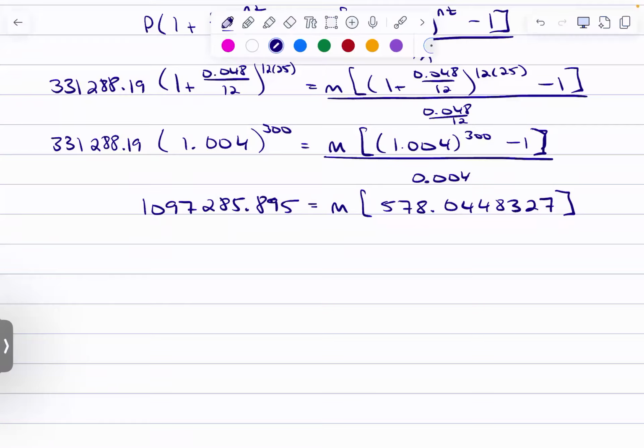Oops, I'm just remembering now I forgot to store this in A, but I'll go back and redo it. I'll call this one B. Store it in B. And I have to redo it.